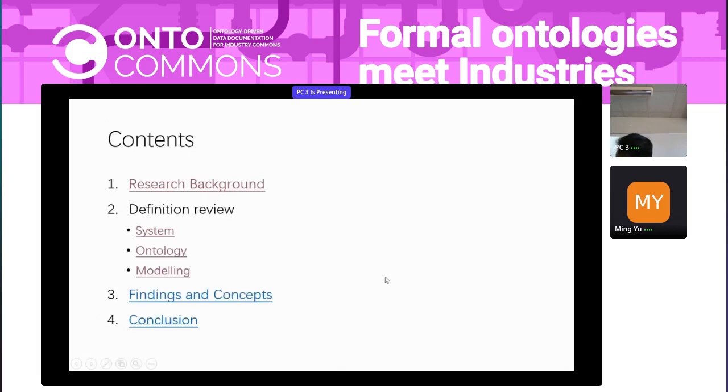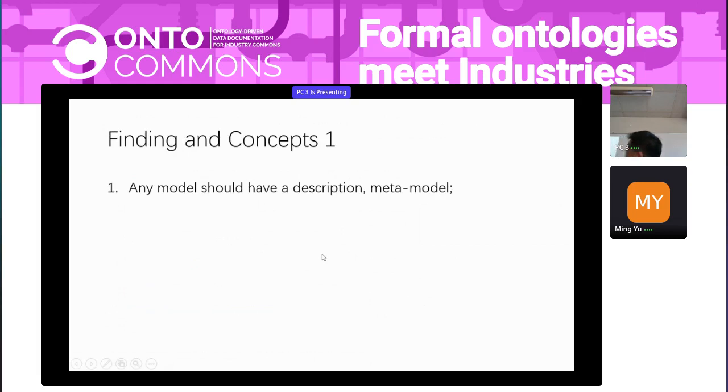With these three definitions, we reach our findings. The first one is that any model should have a description, just like a meta model. And an ontology model can be built for anything, including models and meta models.